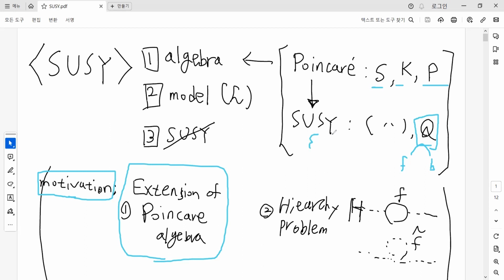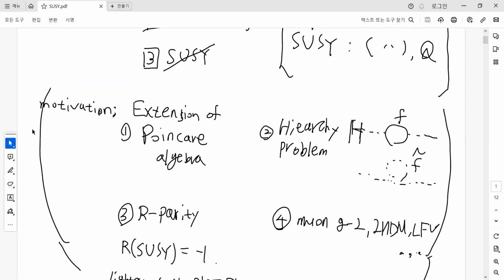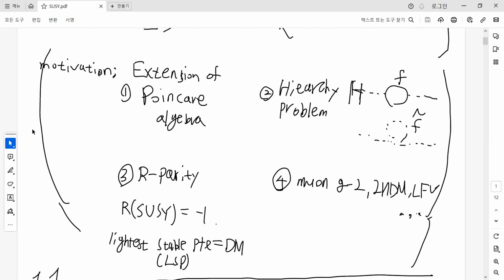And the other motivation of supersymmetry is the hierarchy problem, to resolve the two different scales of the Planck mass scale and the electroweak scale, about the Higgs mass corrections by the Fermi loop. And there is also another motivation: dark matter as a lightest supersymmetric particle, the so-called LSP.